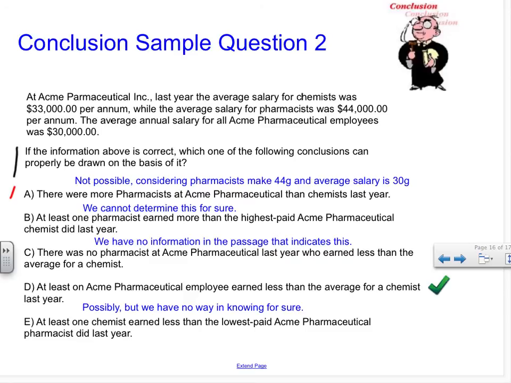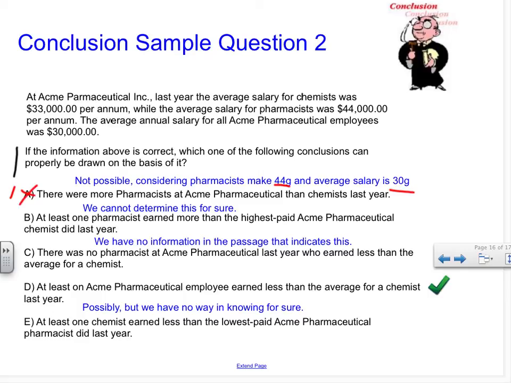We can't come to this conclusion based on the average salary, because pharmacists make $44,000 a year and the average salary was $30,000. So if there were more pharmacists than chemists last year, you would tend to think that the average salary would be higher than the chemist's average salary. So we can't determine this for sure.